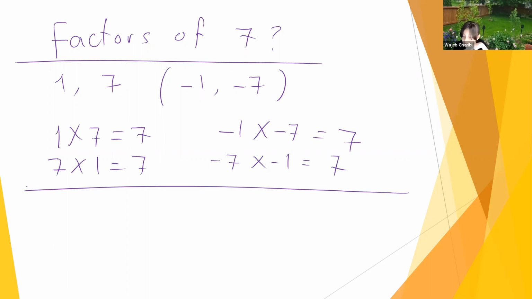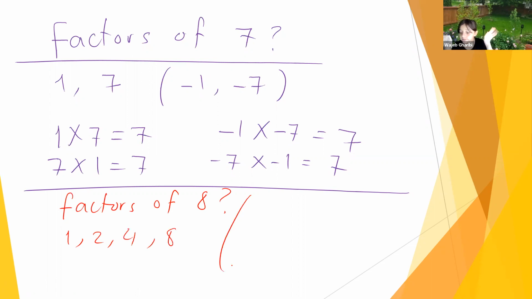So when we say factors of 8, for example, what are the factors of 8? 1, 2, 4, and 8, and also -1, -2, -4, -8.